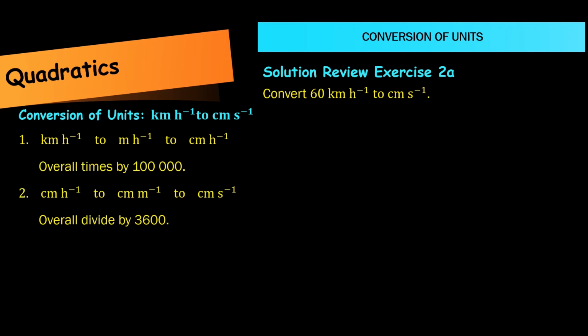And here's a summary of the key points. We can now apply this to our example. So first, let's convert from kilometers to centimeters, because that's part of the question. And then we convert from per hour to per second.